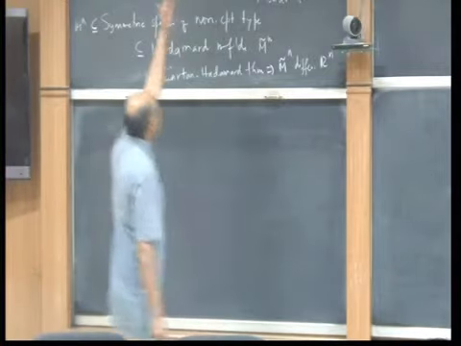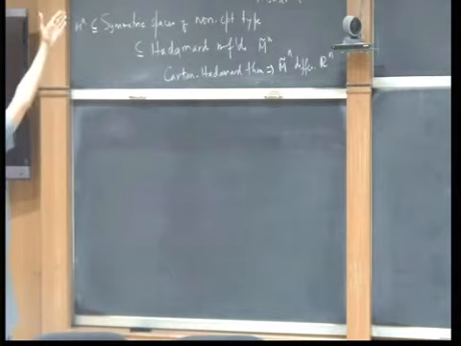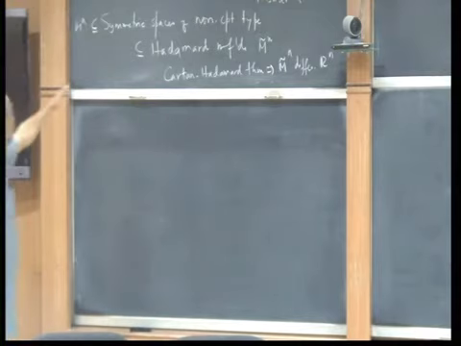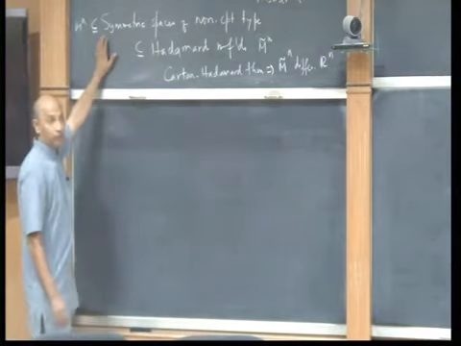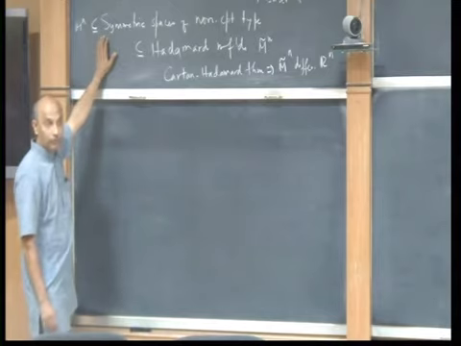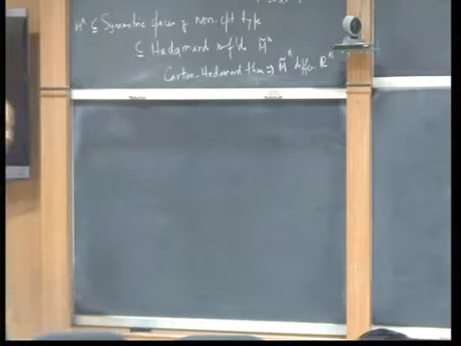And the way you can construct locally symmetric spaces is by constructing quotients of symmetric spaces by discrete subgroups of isometries, so that the metric descends down.